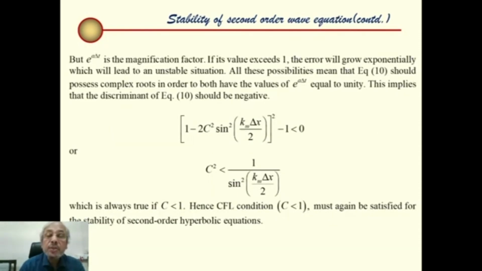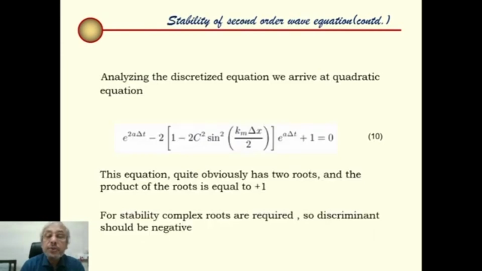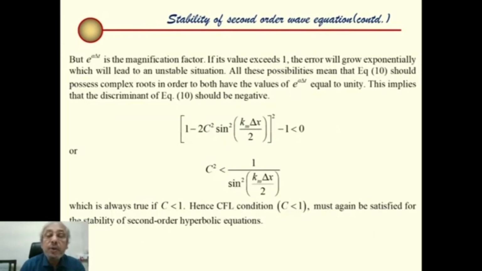That is only possible if it's a complex root. If it is a real root, it's not possible. So it has to be a complex root. So complex root means this discriminant should be less than 0. So arising out of this, we will have to find out the condition.